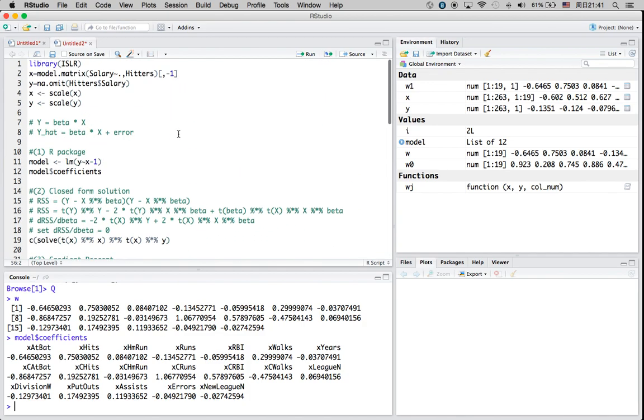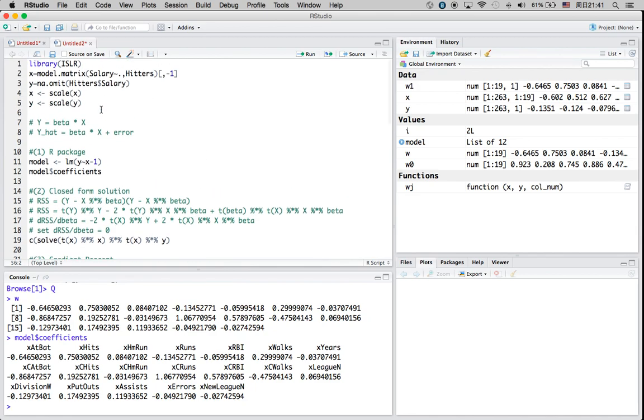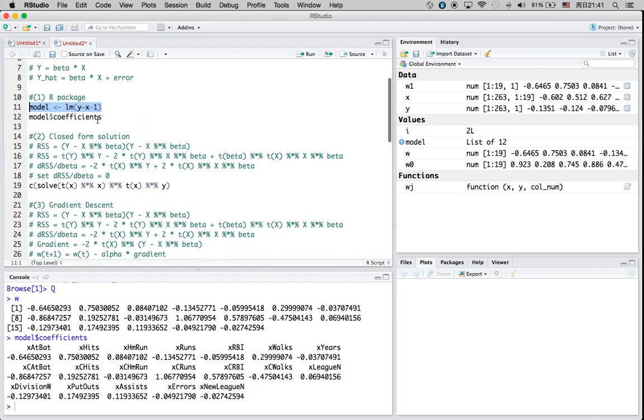So these are the three calculations to get the coefficients of a multiple linear regression model. Here are the three techniques, and I'm using the R package's lm function to validate them.